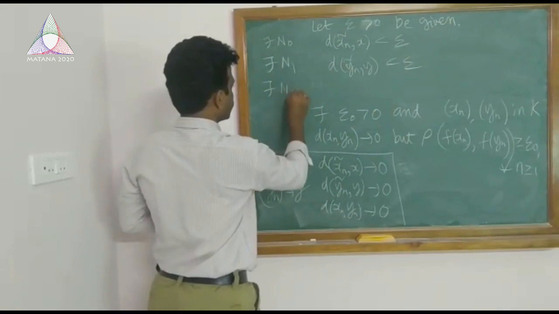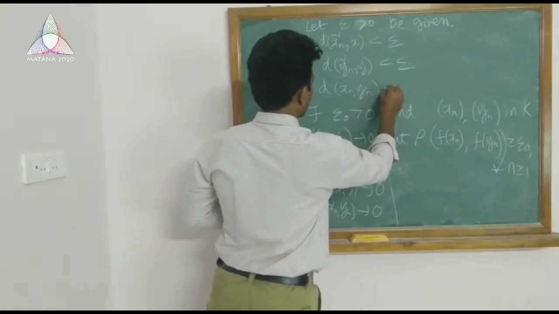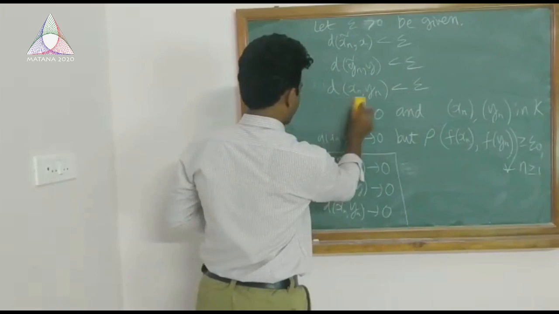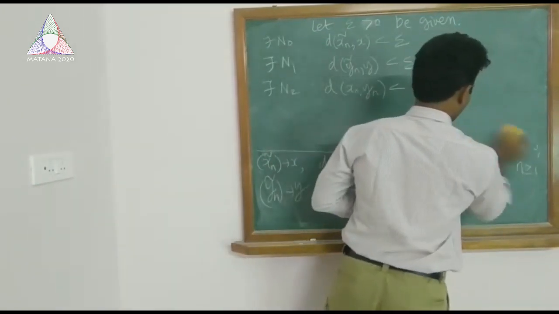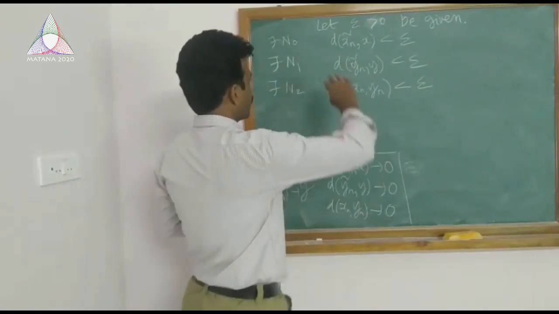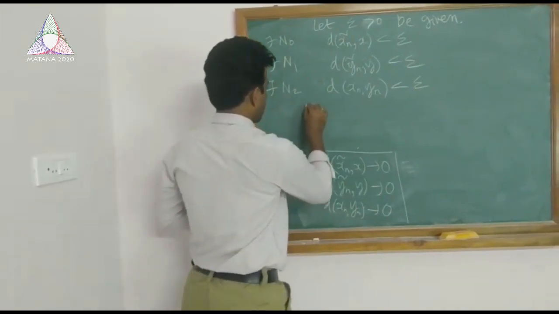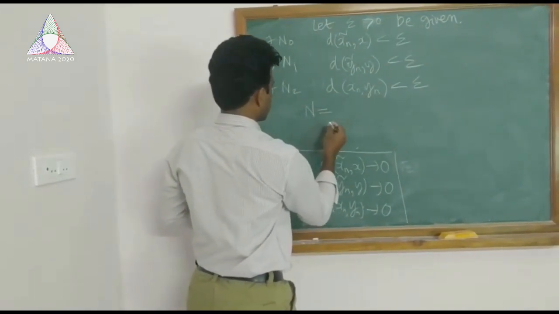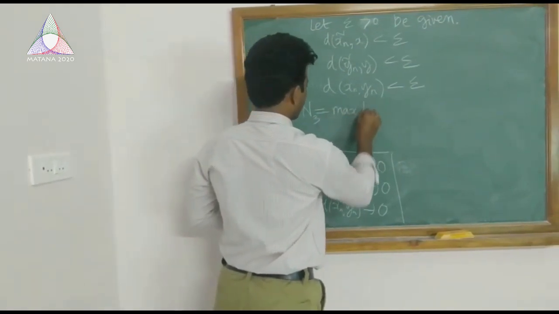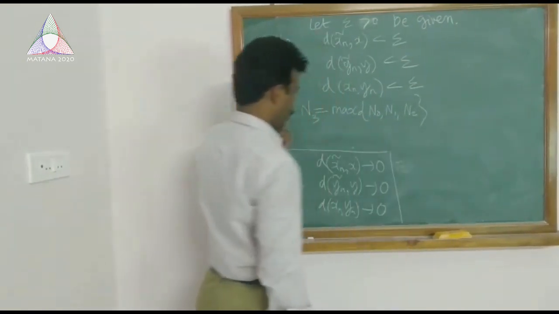Similarly, there is a stage n2 such that the distance between x and yn is less than epsilon. If I want to have all of them, I need to find a common stage. Therefore I choose n3 as the maximum of n0, n1, n2.